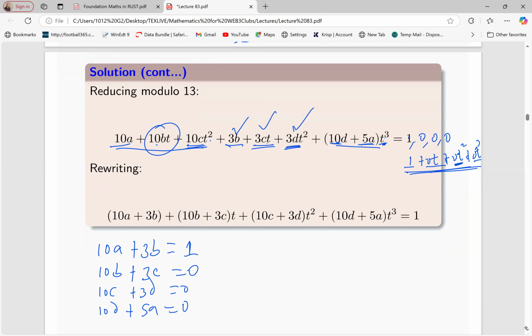And how we solve it is how the code will be doing. This is what the code is doing to get the inverse. First of all, you told it how the inverse is supposed to look: a plus bt plus ct square plus dt cubed.